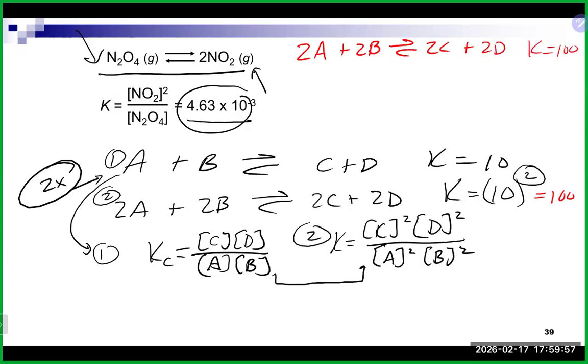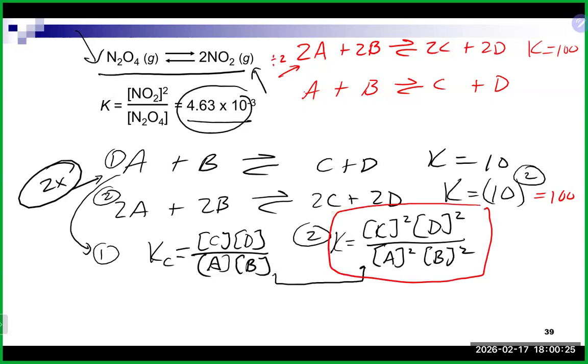Now, again, let's just say that we did not need 2 in this situation, but this was the equation that was given to us, and we just need 1 of A. So if we just needed 1 of A here, we would actually divide this entire equation by 2. When we do that, we will end up with A plus B goes to C plus D. And again, what we're essentially doing in this case is we're starting with this equilibrium expression, and now we're ending with this equilibrium expression here.